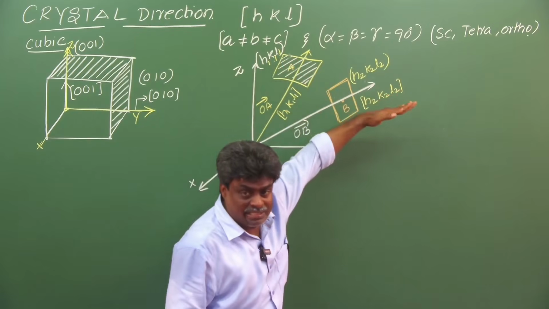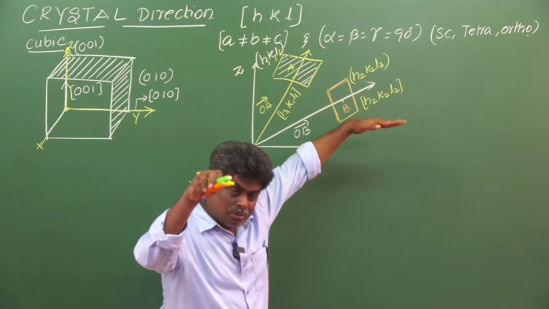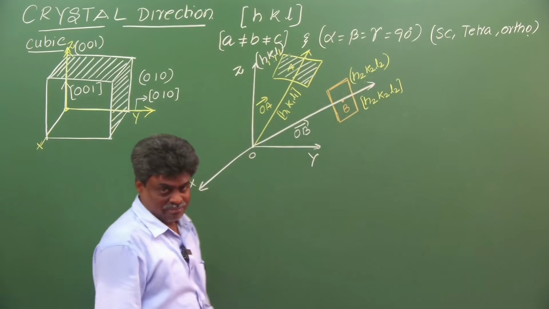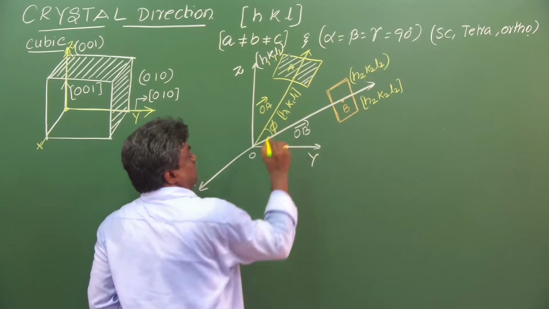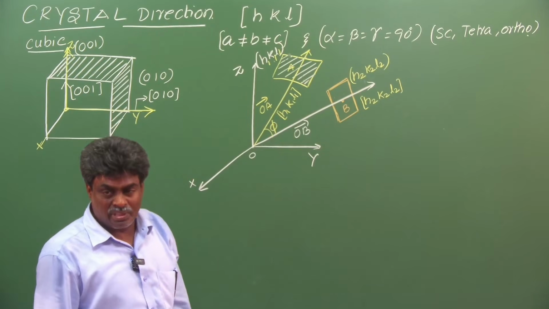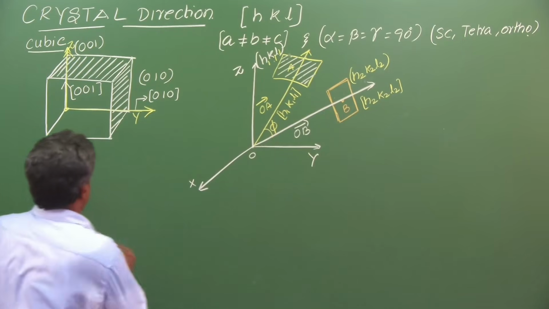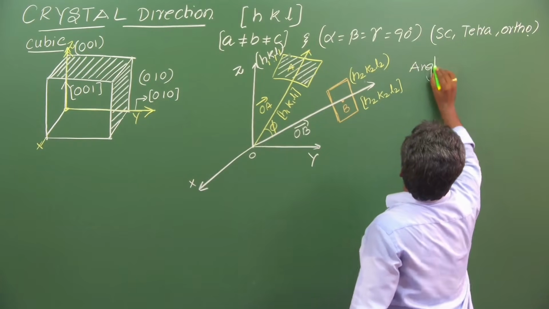In this direction we have a set of another parallel planes whose Miller indices is H2, K2, L2. What we have to find is the angle between them, the angle between the crystal directions. This is the question. Are you ready? Right. So we would like to find the angle between crystal directions.